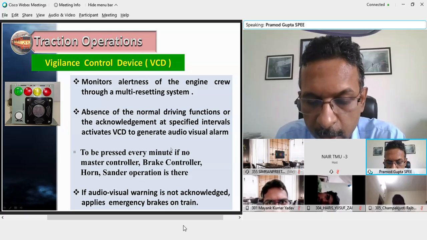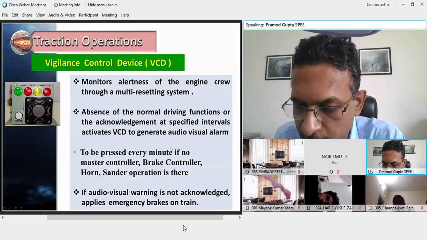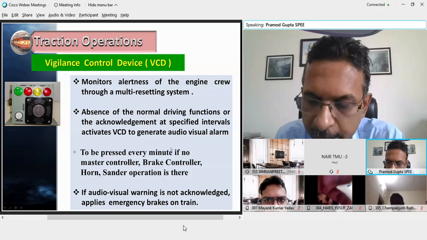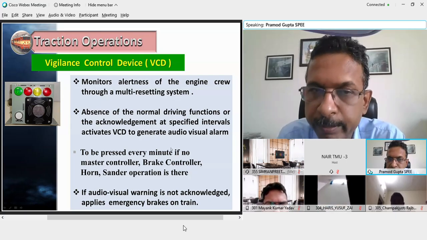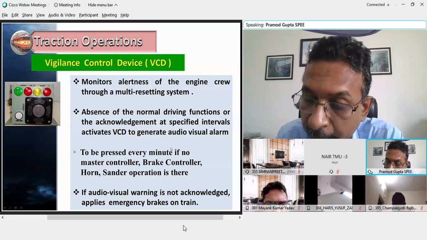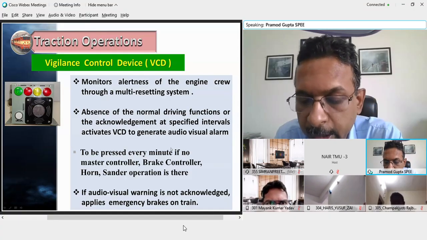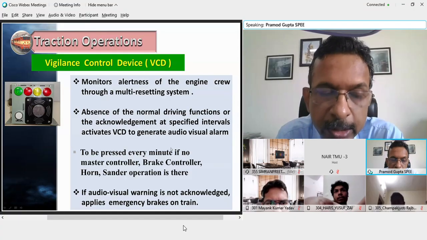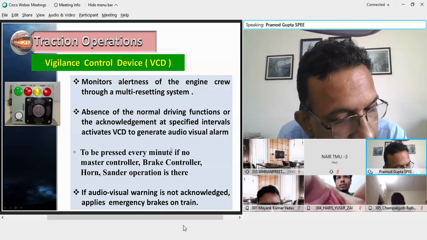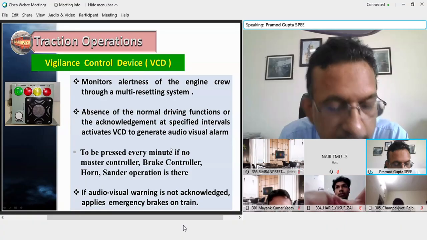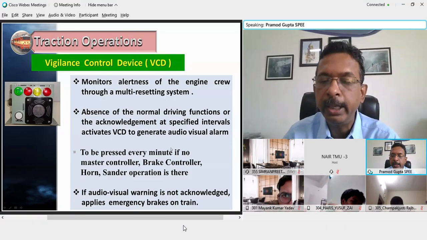How many audio and visual alarms were issued to him during the journey, how many times the emergency brakes were applied by the vigilance control device, at what location, at what time, everything gets recorded and can be analyzed to review performance. So this is another device which keeps the loco pilot alert throughout the entire journey.